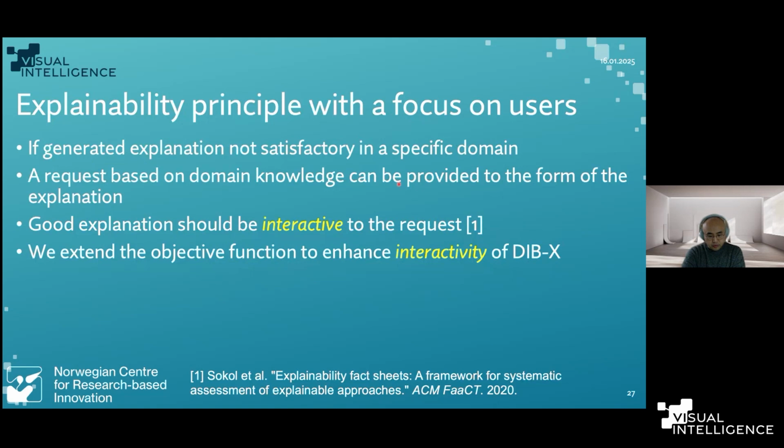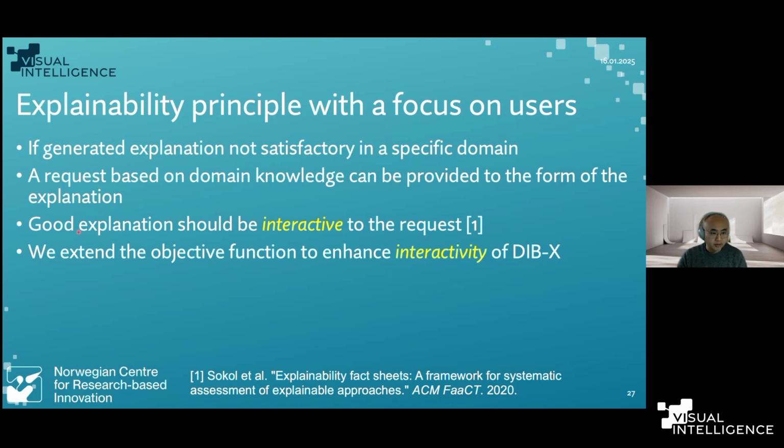And I want to introduce one more explainability principle with a focus on users. If this generated explanation is not very satisfactory in a specific domain, then what should we do? In my opinion, a special request based on this domain knowledge can be provided in the form of an explanation. Then we can use this sort of prior or domain-specific knowledge in learning a good explanation.